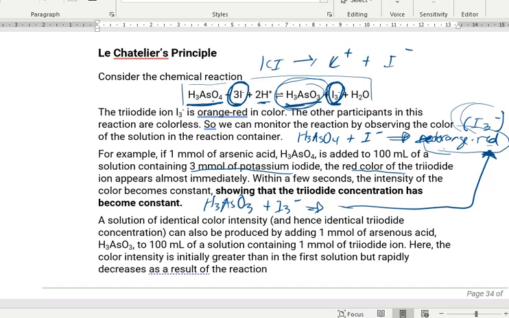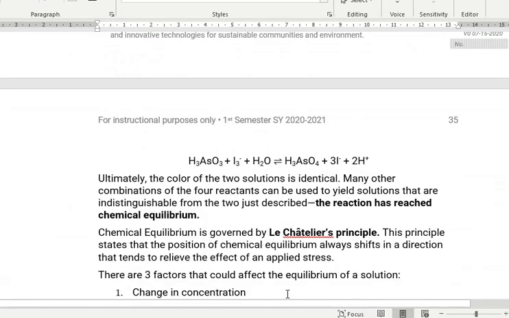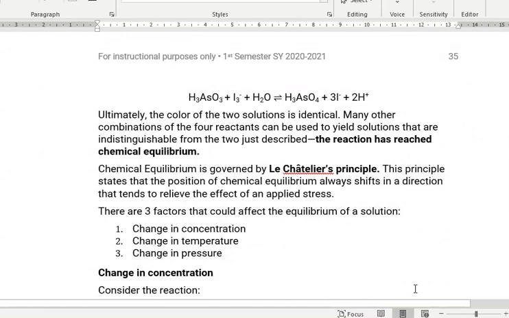So if we imagine that, class, we can say that this solution has equilibrated, and this one also equilibrated, because it reached the time when their intensity became the same, right? Okay, so ultimately, as I've said, the color of the two solutions is identical.